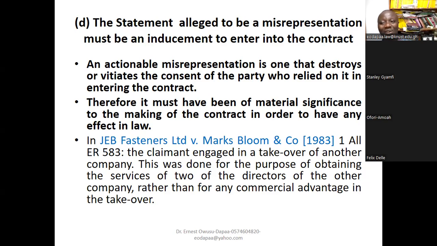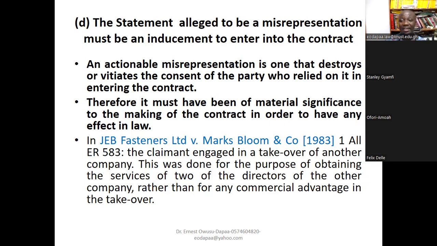Of course, relying on it does not mean that you rely only on that. That is to say that there's no exclusivity. You could have been influenced by some other thing, but insofar as there's evidence that you relied on this statement of fact, which has turned out to be false, you have satisfied the requirement of what? Inducement. So let us keep that in mind.